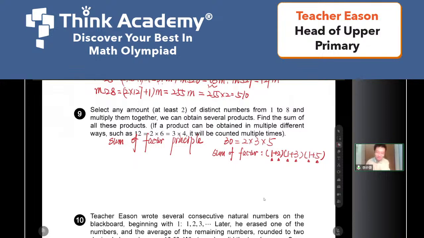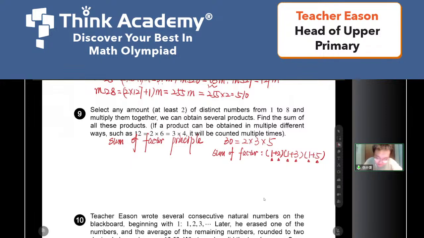And for this one, it's just the same logic as the sum of factor principle. In this case, we have 1, 2, 3, 4, 5, 6, 7, 8, right? So now, it's stressed that if a product can be obtained multiple times, it will be added multiple times, which means this 12 can be added 2 or maybe more than 2 times, right?